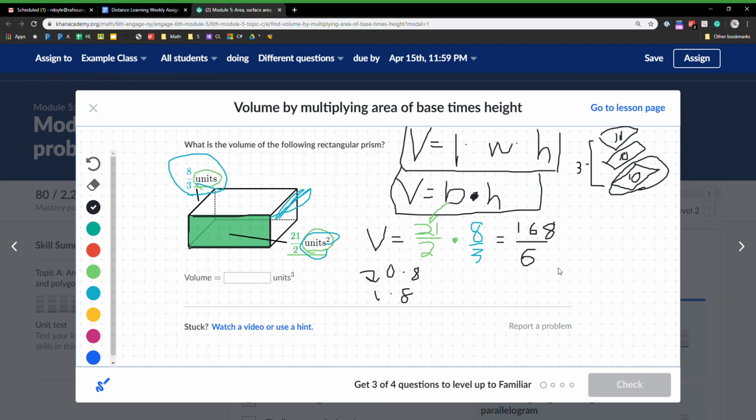And we should be able to divide this in half at least. Because these are both even numbers, 6 divided by 2 is 3, and 168 divided by 2 is 84.